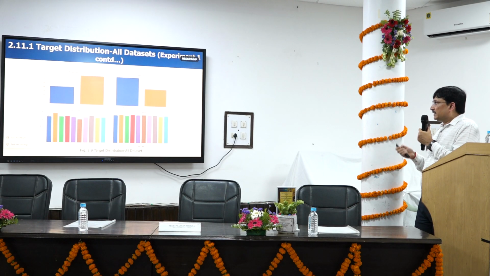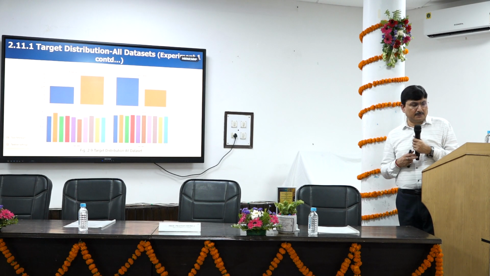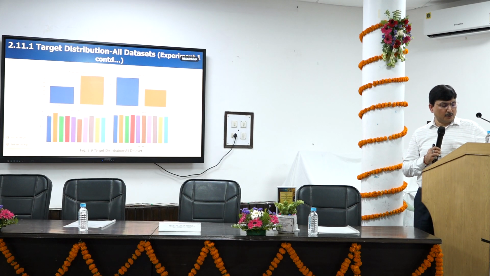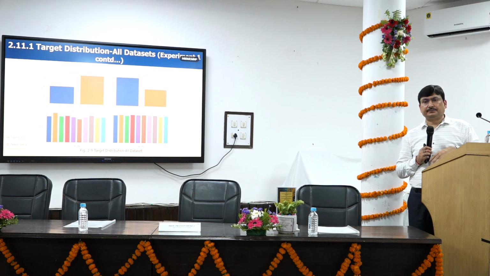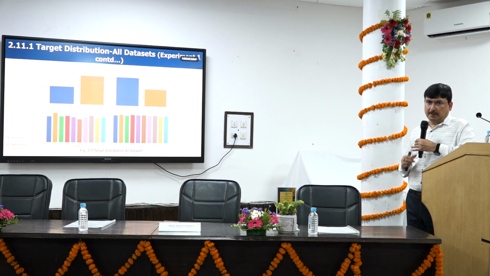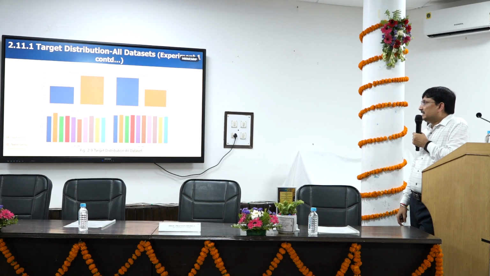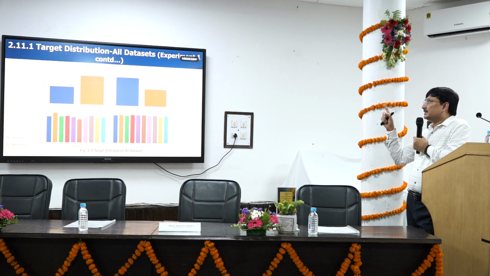Yes. So this is the first experiment, which is done on the breast cancer data set. It's a binary classification problem. Now see here, what is the target distribution? What is the meaning of target distribution? In the breast cancer data set, you see there are two segments.